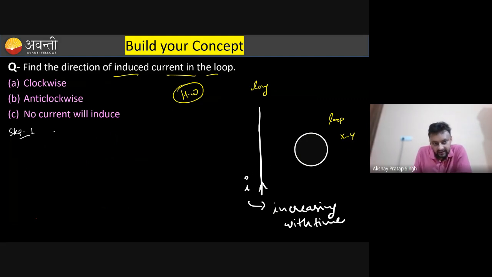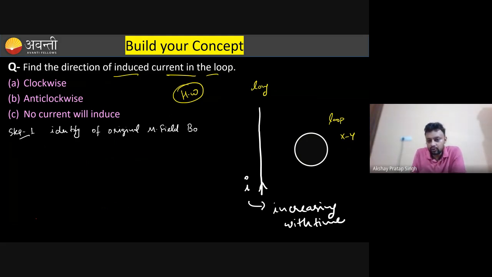So I am writing it here: identify the original magnetic field. Let's suppose the original magnetic field is denoted by B naught.